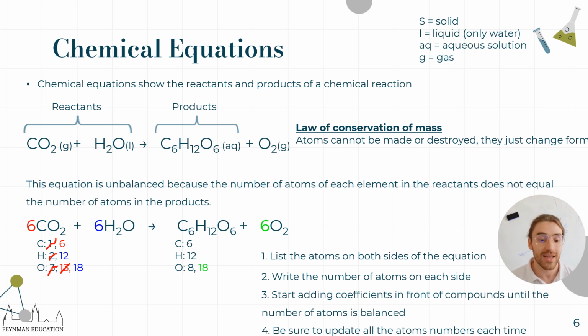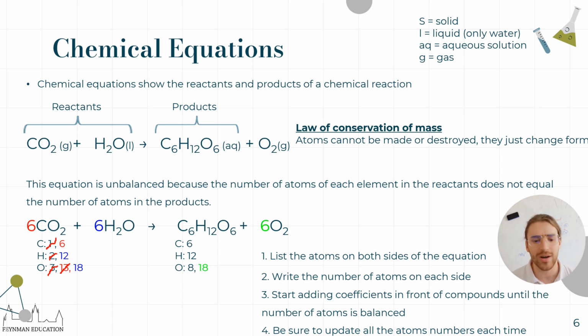Now we come down to our carbon is balanced, our hydrogen is balanced. Now we're going to look at our oxygen. So we have 18 in our reactants, but we only have 8 in our products. So what are we going to do? We're going to have to figure out how do we make O2 plus O6 into 18.